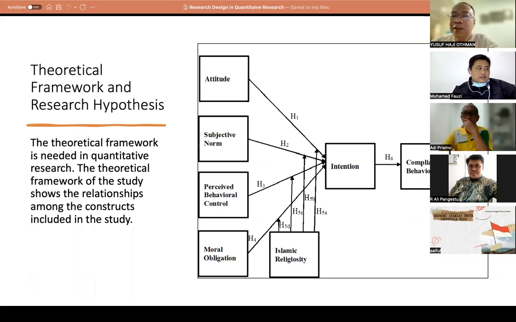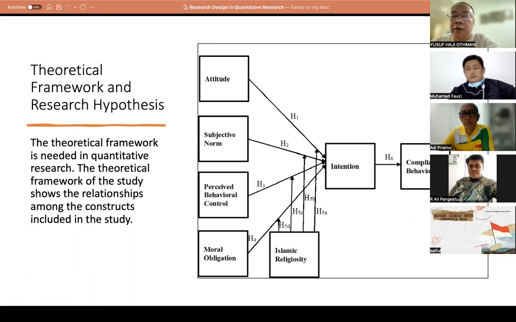And if you do quantitative, for example, if you use theory of planned behavior or some underpinning theory, the respondents are different.